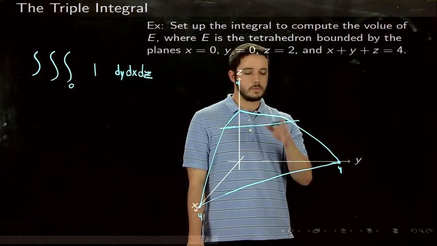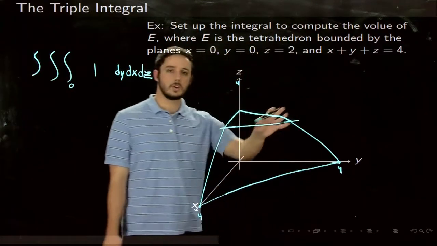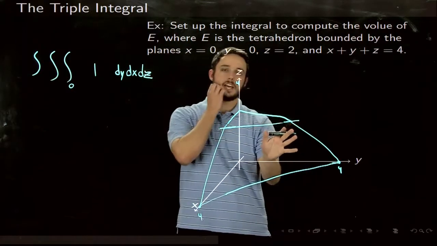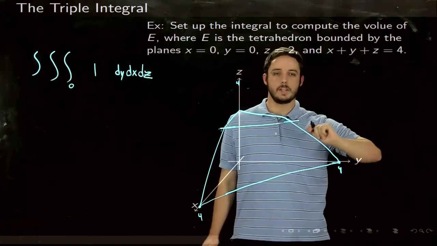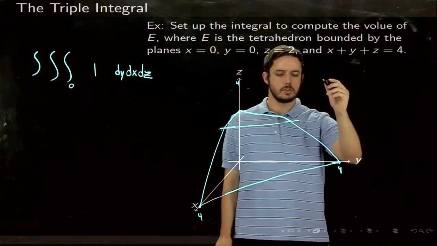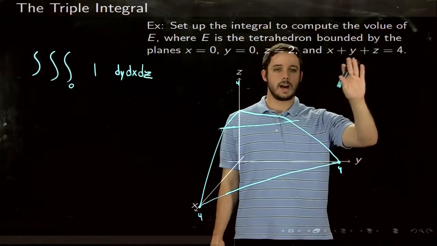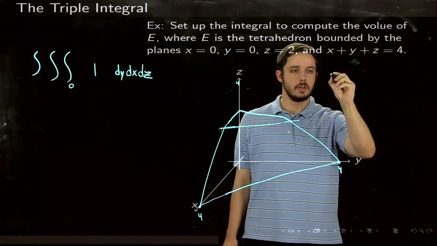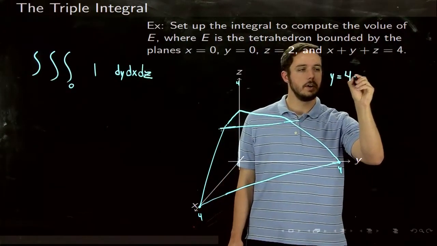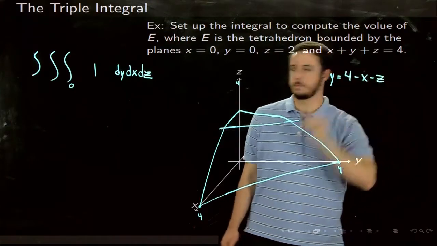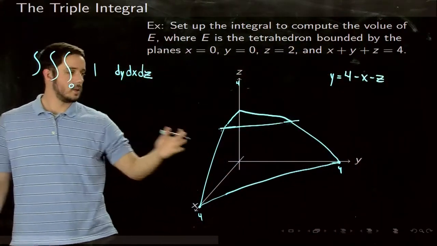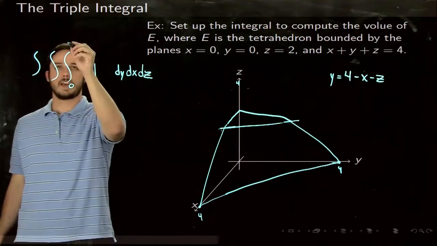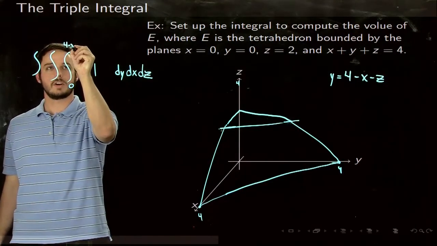Then the largest, whatever this wall is, well, we know the equation of this plane. It's x plus y plus z equals 4. So if we want to know the maximum value for y, we just solve for y in this equation. And we get y is equal to 4 minus x minus z. So the largest y can be is 4 minus x minus z. So that gives us our upper bound here.